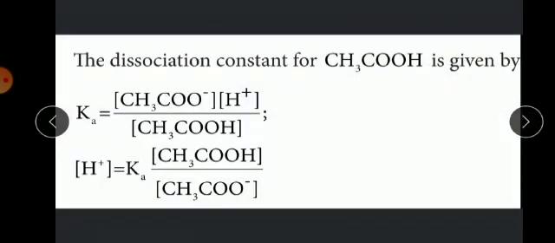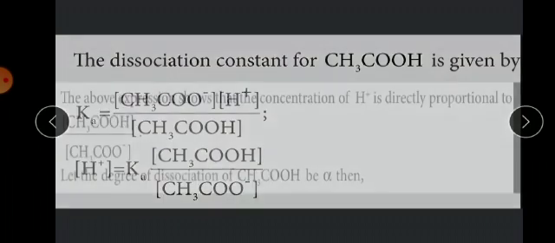The dissociation constant for acetic acid is given by Ka is equal to CH3COO minus concentration times H plus concentration divided by CH3COOH. To find out H plus concentration, we can rearrange this equation. H plus concentration is equal to Ka times CH3COOH divided by CH3COO minus.